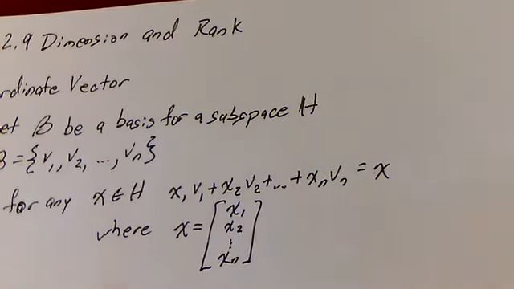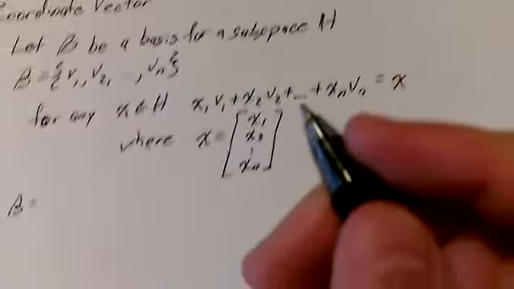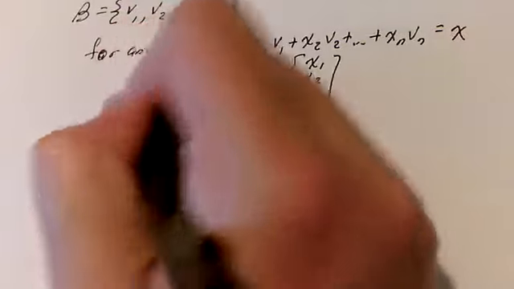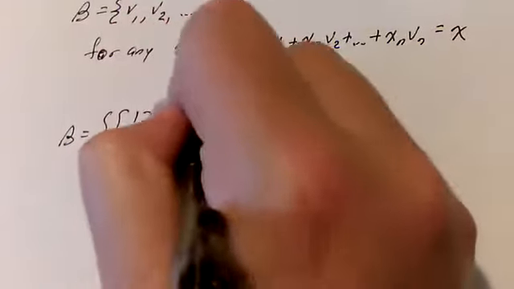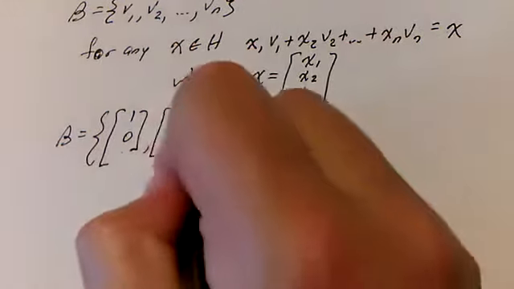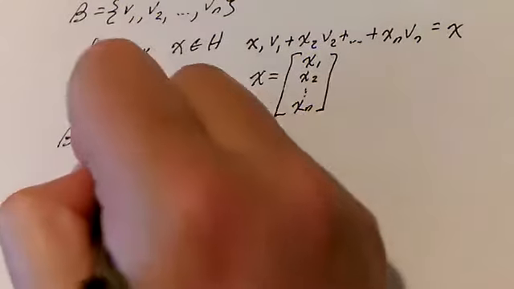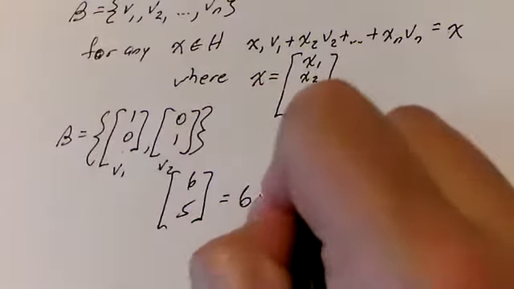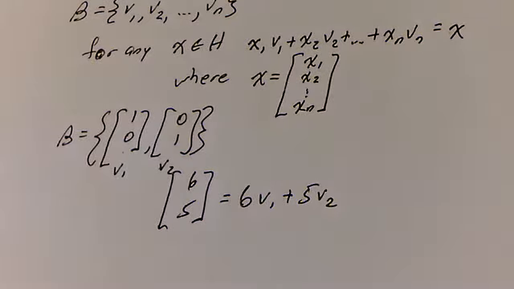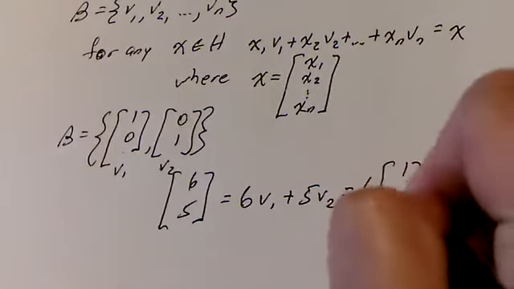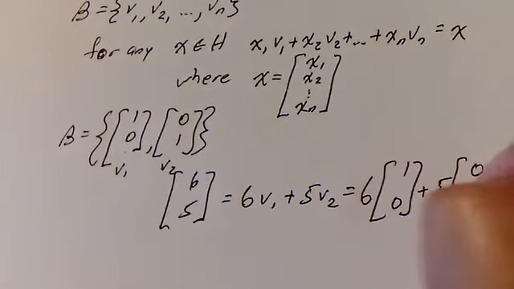Now, our most common basis is the identity basis. We're going to have a basis B that consists of the following vectors: (1, 0) and (0, 1). Very familiar basis to us. Then any coordinates based on this basis, let's take the vector (6, 5). This is v1, this is v2. (6, 5) is equal to 6 times v1 plus 5 times v2, because I can write that out: 6 times (1, 0) plus 5 times (0, 1).